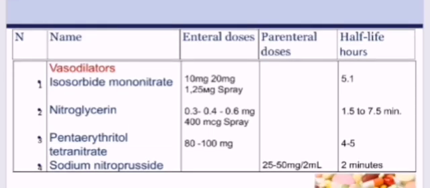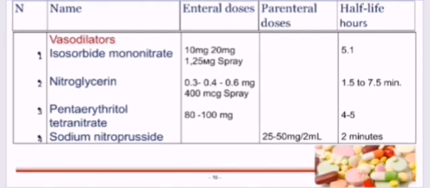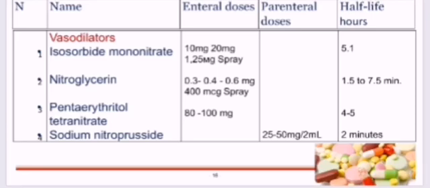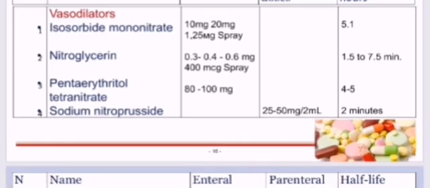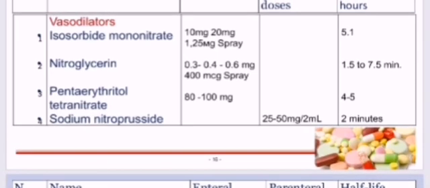Vasodilator. Isosorbide mononitrates have internal doses 10 mg, 20 mg, 125 mg spray. Have no parenteral dose. Half-life of isosorbide mononitrate is 5.1 hours. Nitroglycerin has internal doses 0.3, 0.4, 0.6 mg and 400 mcg spray, having half-life 1.5 to 7.5 minutes.